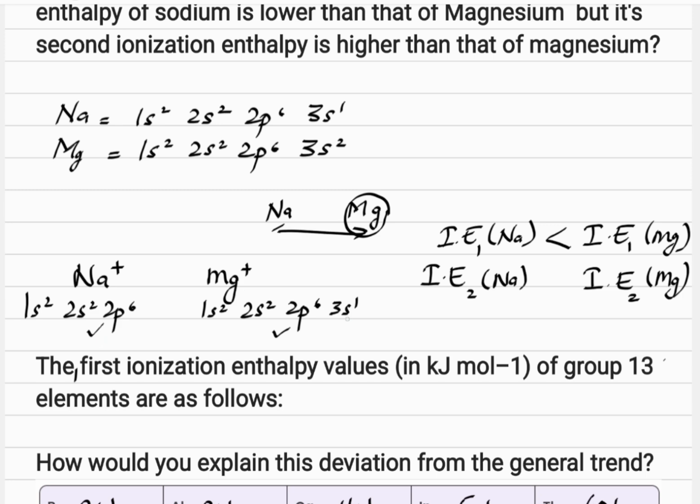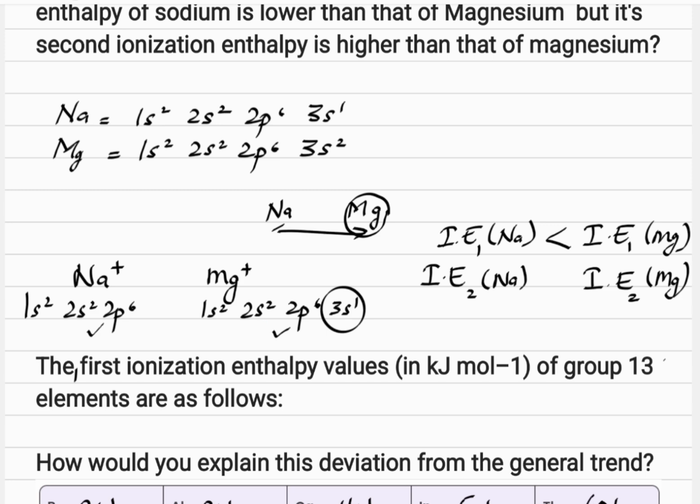And magnesium ion is yet to achieve the noble gas configuration, which it will after losing one more electron, right? So sodium ion is not at all willing to lose another electron and sacrifice its noble gas configuration, but magnesium ion would love to lose this one more electron and attain the noble gas configuration.